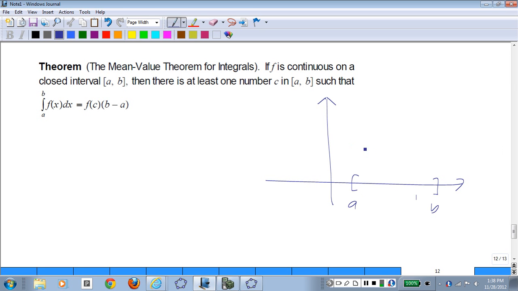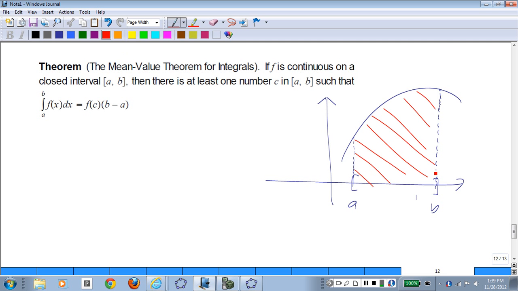And imagine the picture looks something like that. So there's a, and there's f of a, and there's f of b. So the value of the integral is going to be the area, since it's all positive here, the area bounded by the curve and the x-axis. That's the value of the integral.